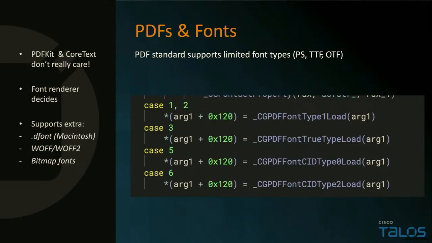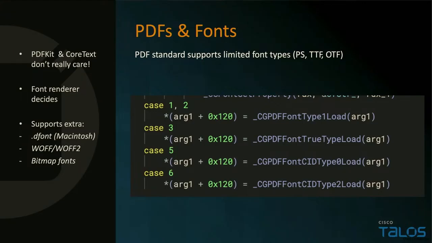Before we go further into details, there were a couple of interesting facts that I uncovered while digging into this. PDFKit and Core Text are the frameworks on macOS that implement PDF parsing and rendering. PDFs themselves can have all sorts of fonts embedded inside of them: Type 1 fonts, Type 3 fonts, PostScript fonts, TrueType fonts, OpenType fonts. It's a complicated mess, but you can embed fonts inside of PDFs, not all of the file formats, but the more common ones.